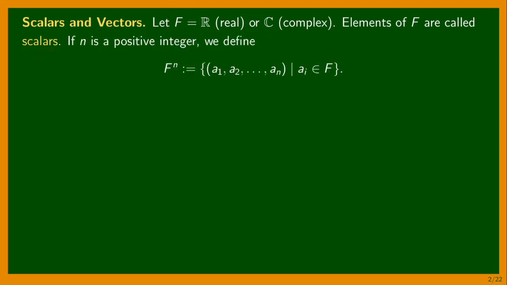If n now is a positive integer, we define the set Fn. We read this symbol as Fn, not F raised to n. It's not an exponent.